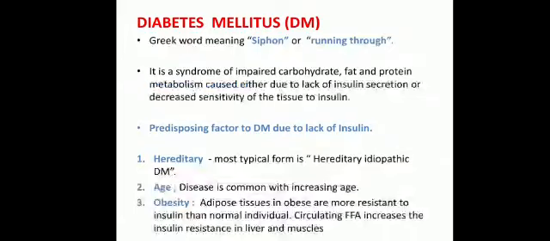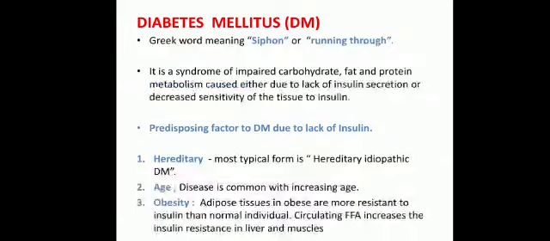Now a defective carbohydrate, fat and protein metabolism can happen in the body due to two reasons. It can be either due to a lack of insulin secretion by the pancreas, or the problem would lie with a decreased sensitivity of the tissue to insulin.